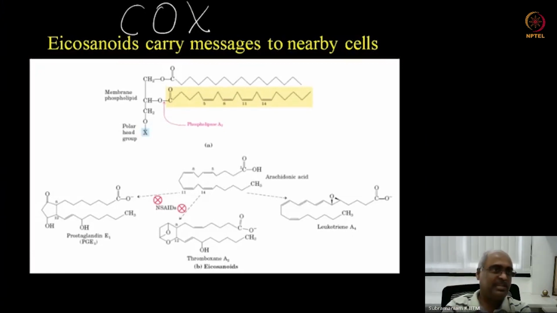So it's basically cyclooxygenase because it cyclizes the structure, this linear structure, by this bond formation here becomes a cyclical structure, and that is a prostaglandin. There are many derivatives, that is what is indicated by E1 here, so I'm not going to get into those details, not necessary here. And this is how biosynthesis of prostaglandin takes place.